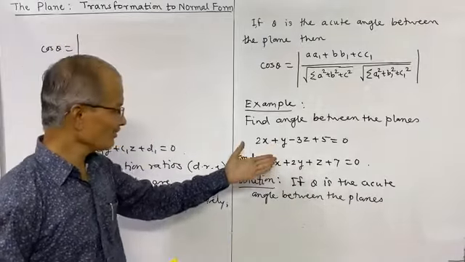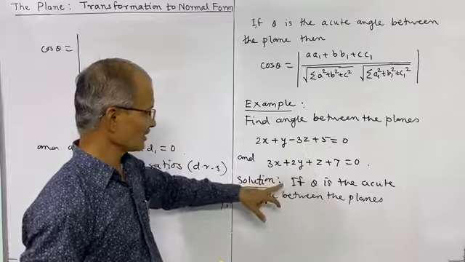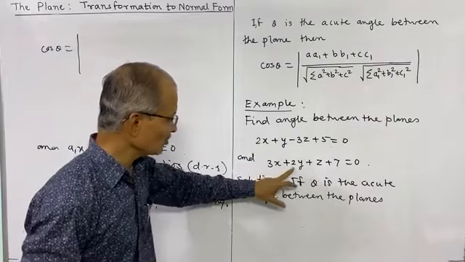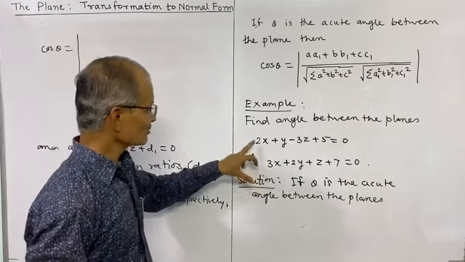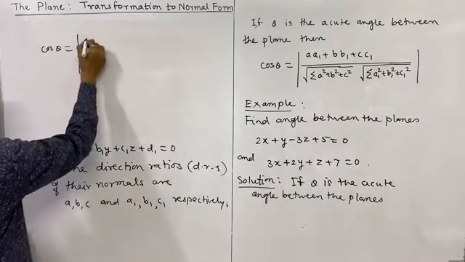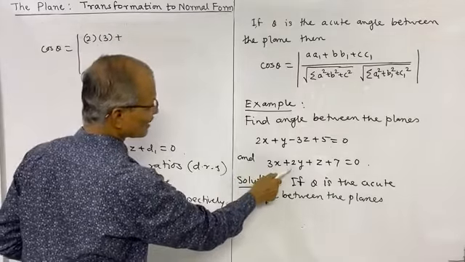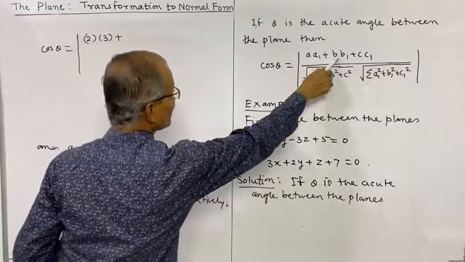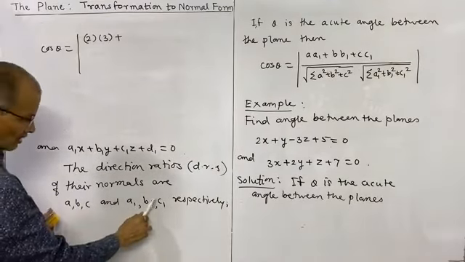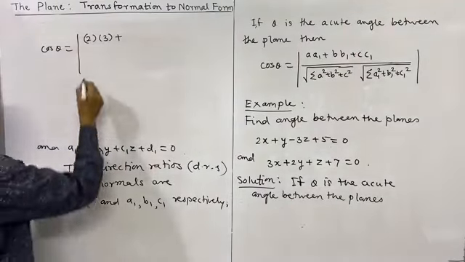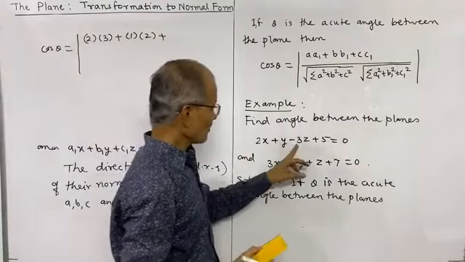We will have the values of DRs: 2, 1 and minus 3, and here the DRs are 3, 2 and 1. We have to take the product and add it. So 2 into 3 plus 1 into 2, B into B1, these are the direction ratios of the normal, and plus, next will be minus 3 into 1.